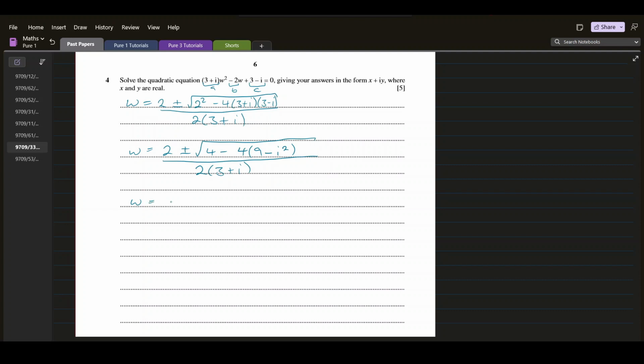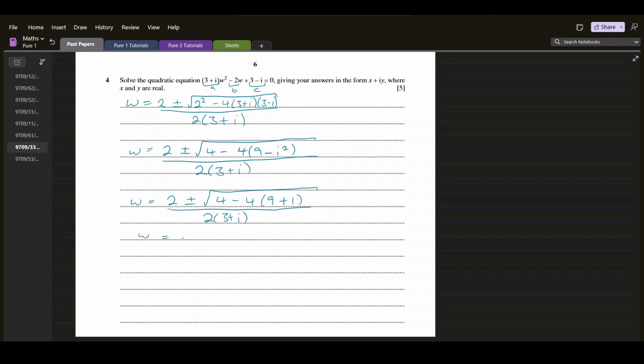So w is equal to 2 plus or minus the square root of 4 minus 4 times 9 minus i squared, where i squared is minus 1, so that becomes minus minus 1, which is plus 1. And this is over 2 times 3 plus i.